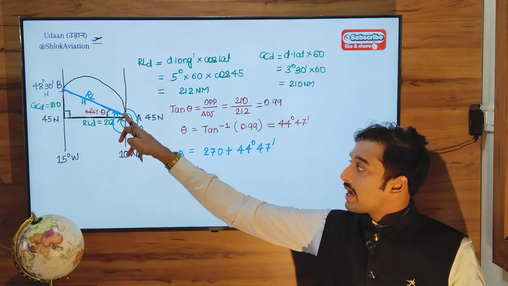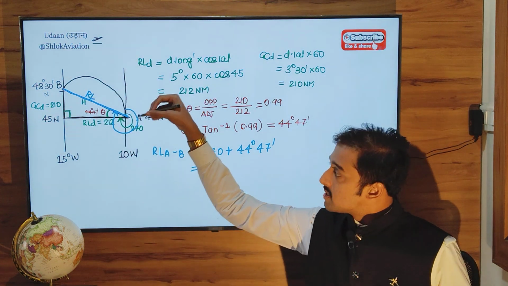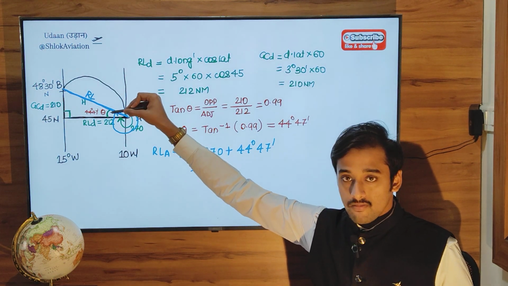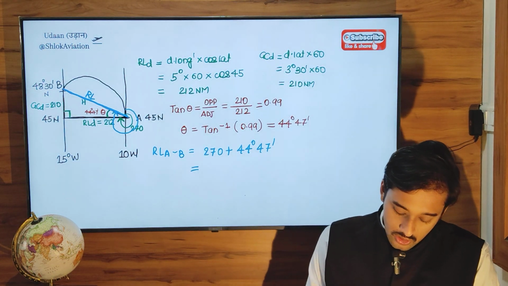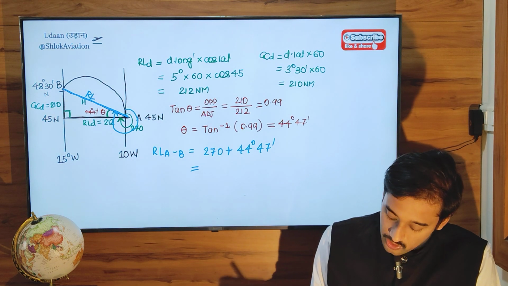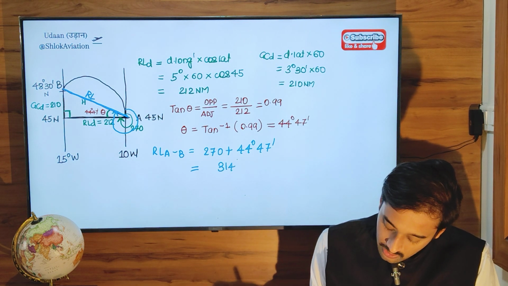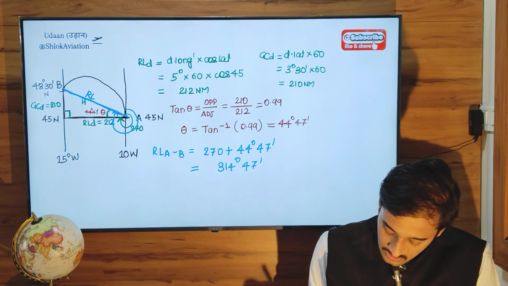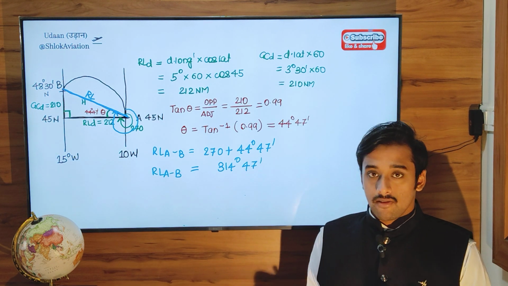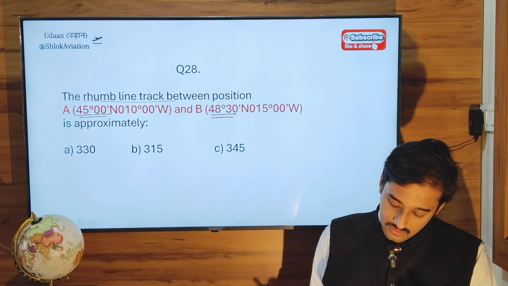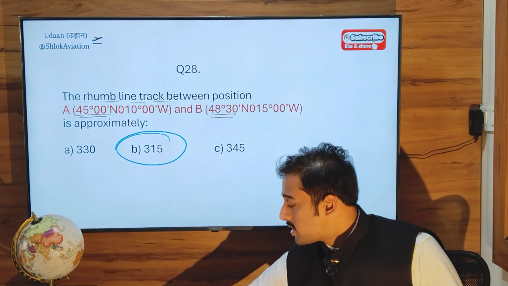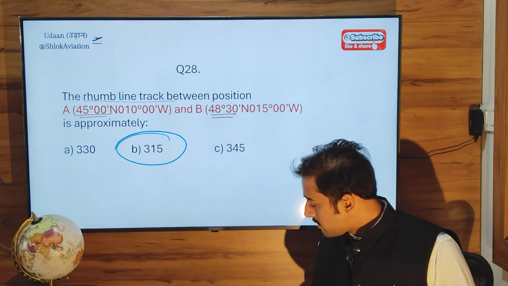So 270 plus 44 is equal to 314 degree 47 minutes. So Rhumb line A to B is 314 degree 47 minutes. So approximately option number Bravo.